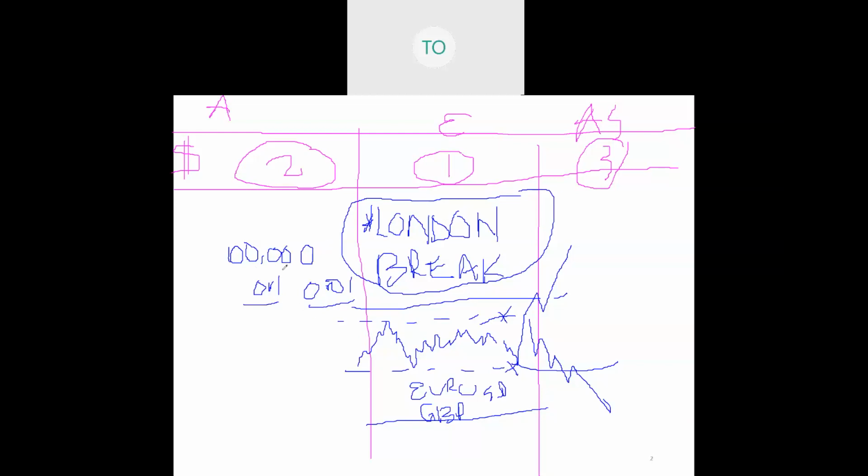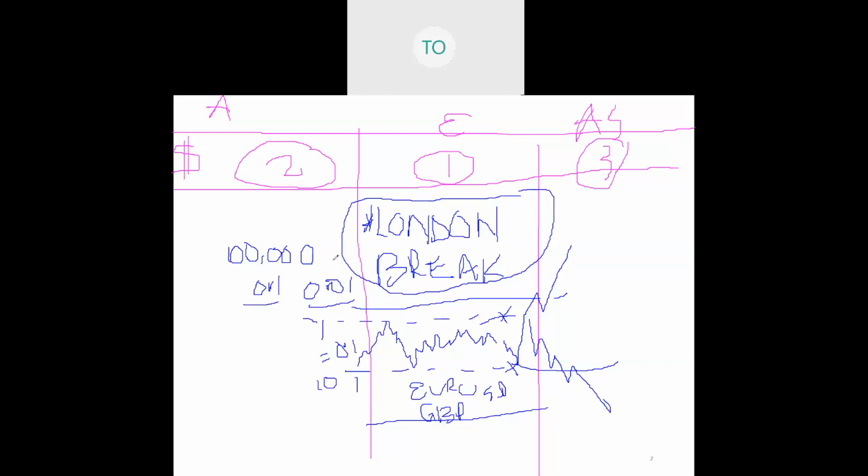Plus our accounts are small, I always tell you $1,000. If you make one pip, you'll find that it's about 0.1 of a dollar, which means you almost have to make 10 pips to make $1.